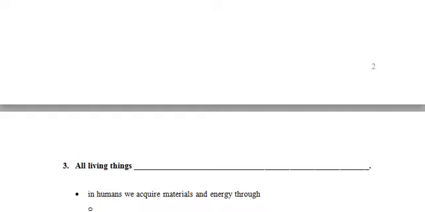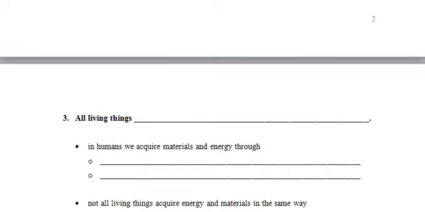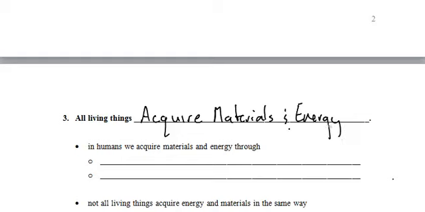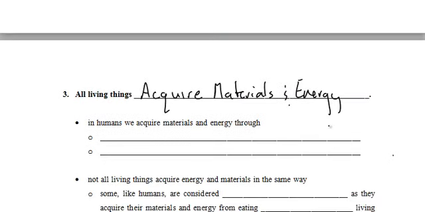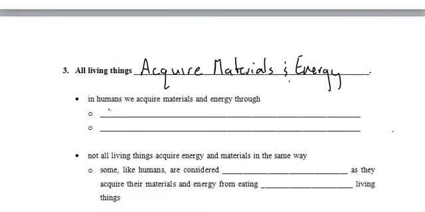As well, all living things acquire materials and energy. In fact, that's critical for growth and for the next characteristic, maintaining homeostasis. In humans, we basically acquire materials and energy through eating. We'll include drinking in that.